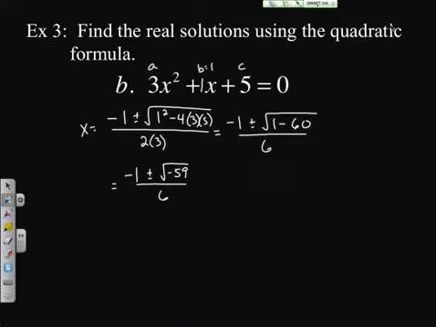Now you may remember this negative means that the answer is imaginary because with the real numbers we can't take the square root of negative 59. So the way we write that is negative 1 over 6 plus or minus the square root of 59 over 6, and then we put that i on there to show that the second part is an imaginary number.